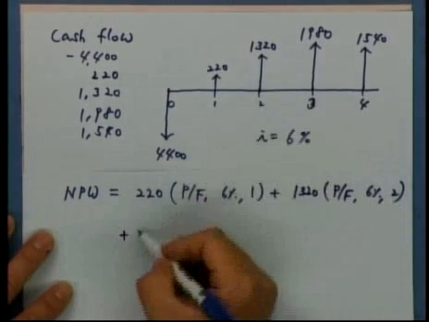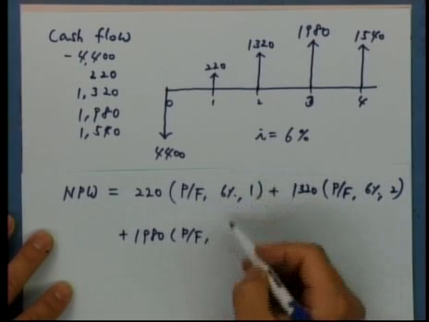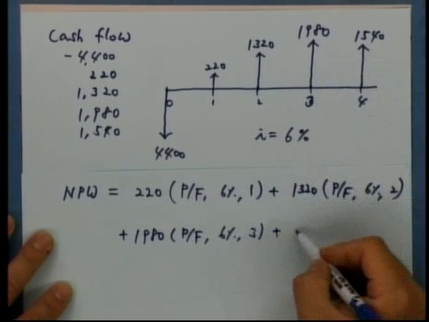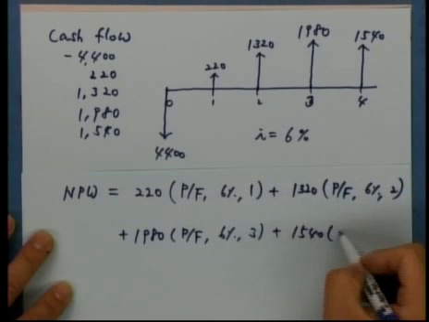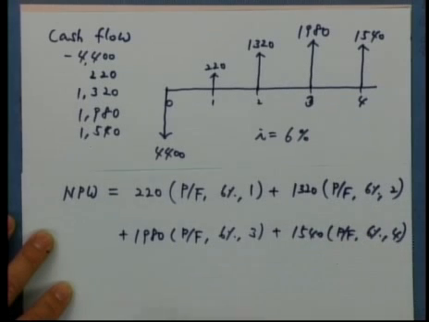Plus 1980 P given F, 6% over 3 periods, and 1540 P given F, 6% over 4 periods.